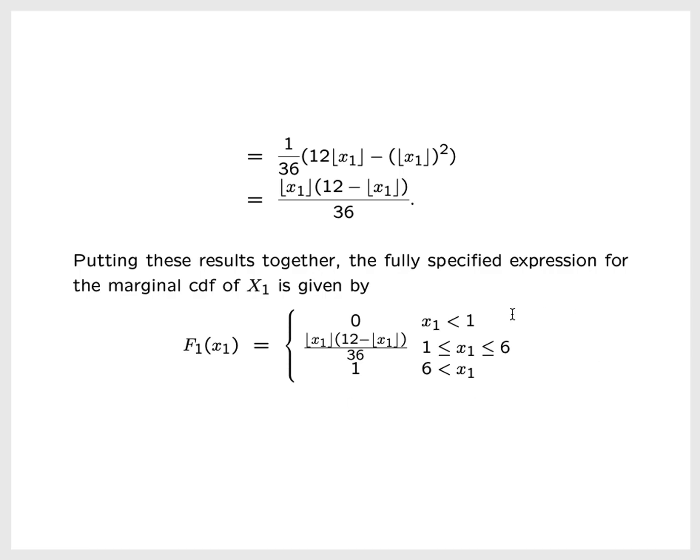So again, it evaluates to 0 at any value of x strictly less than 1. It evaluates to 1 for any value of x1 that is greater than 6. And for any value of x1 greater than or equal to 1 and less than or equal to 6, it evaluates to the greatest integer function at x1, times 12 minus the greatest integer function at x1, all over 36.